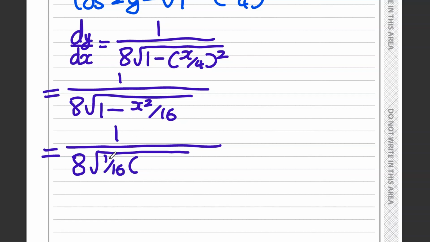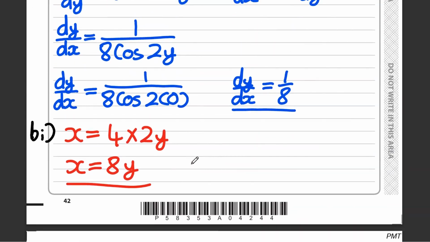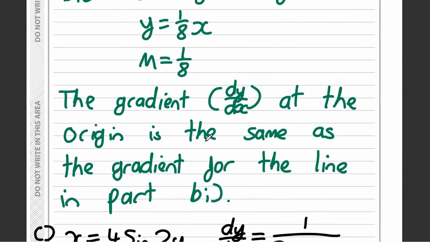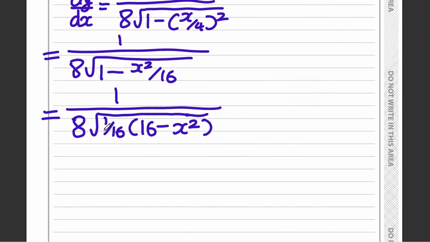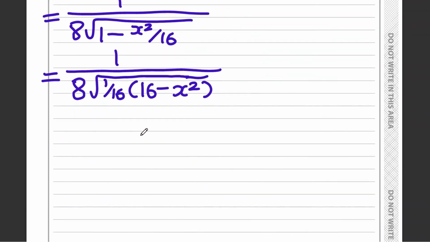Now if you factorize out 1 over 16 from 1, this is going to be 16, and it's going to be minus, and if you factorize out 1 over 16 from this x squared over 16, this is now going to be x squared. And now we have this x squared that we need in the final answer. What we need to do now is we have this 1 over 16 that we don't want. So if we take this out of the square root, this is going to be 1 over 8, and then the square root of 1 over 16 is 1 over 4.